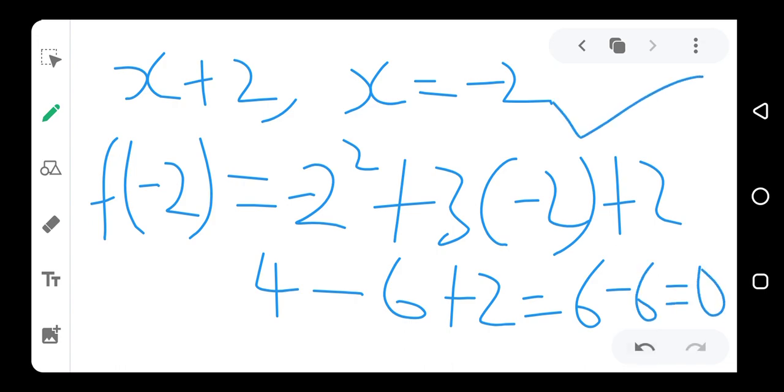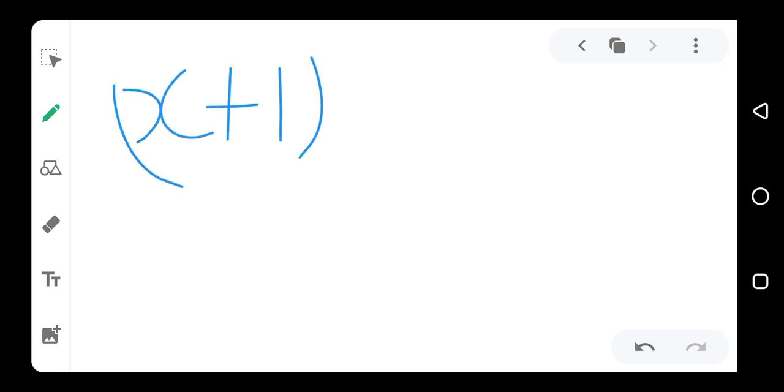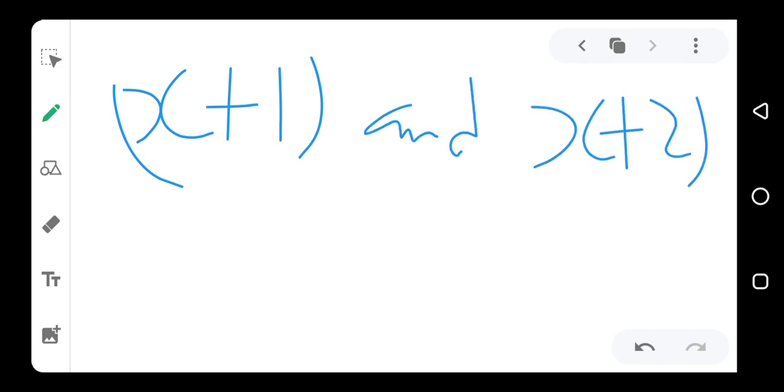Therefore this one is also a true root of the function. So our roots for the function are x plus 1 and x plus 2.